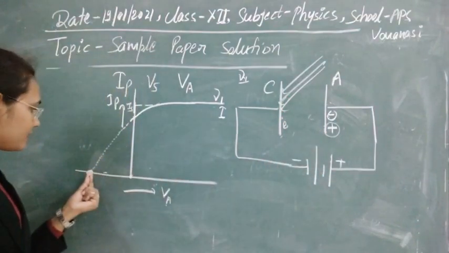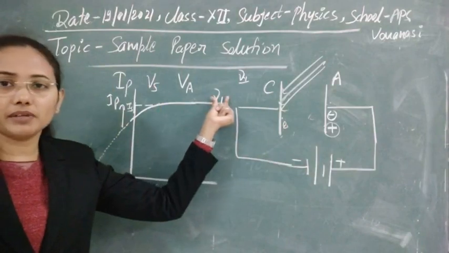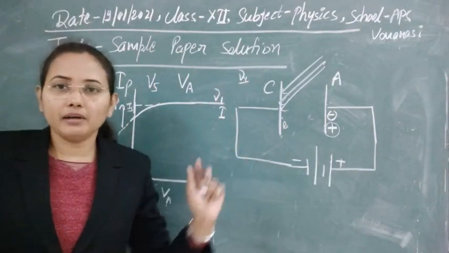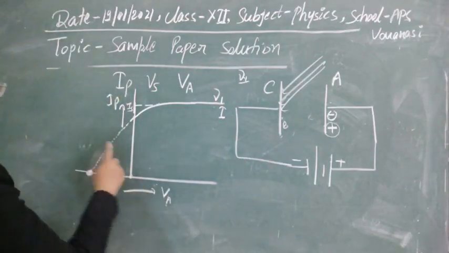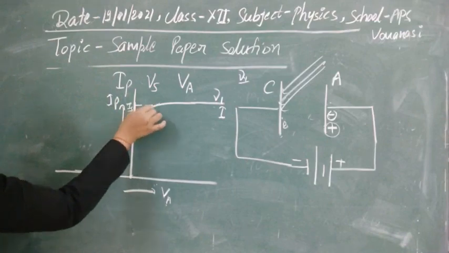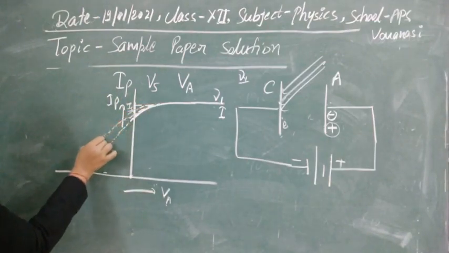At the earlier potential no electron was able to reach the anode, but when the frequency is increased, some electrons will be able to reach there. In that case the current is not zero there, so the graph will look somewhat like this.